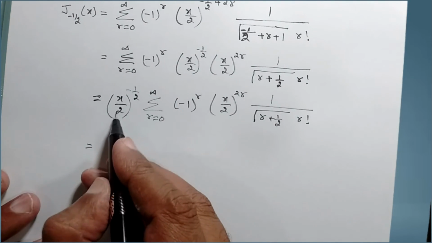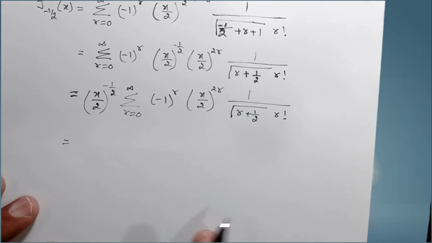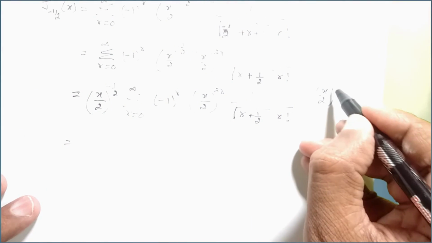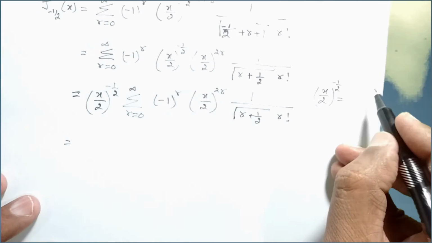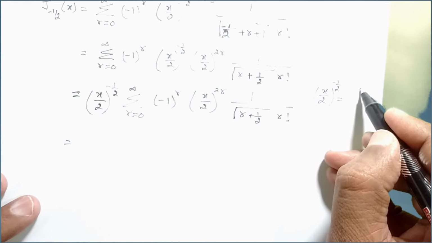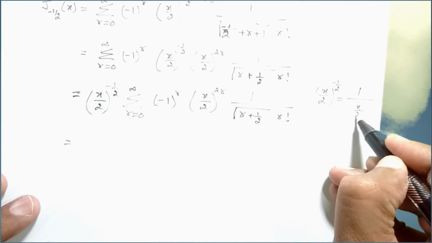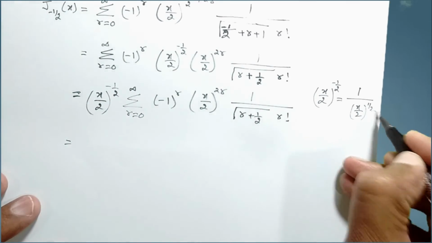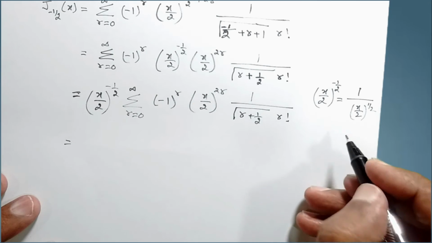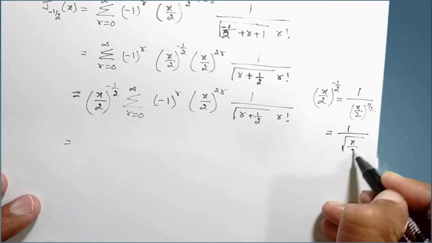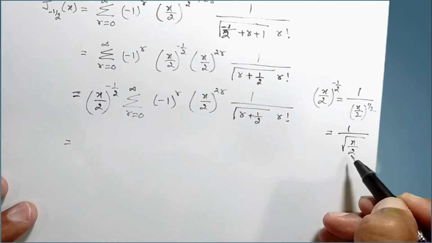Now this particular value x by 2 to the power of minus half is there. So can I write this x by 2 to the power of minus of half to be equal to, if you want to make this a positive power, you can write 1 by x by 2 to the power of plus half. The denominator becomes a positive power. This is nothing but 1 by root of x by 2, because power half represents square root.